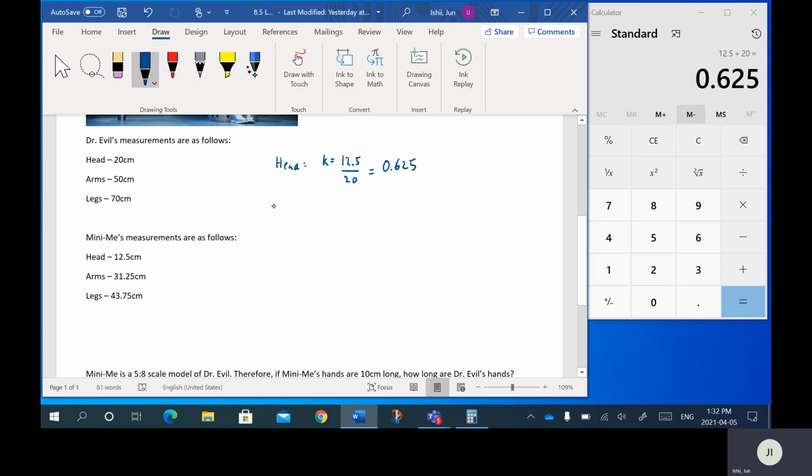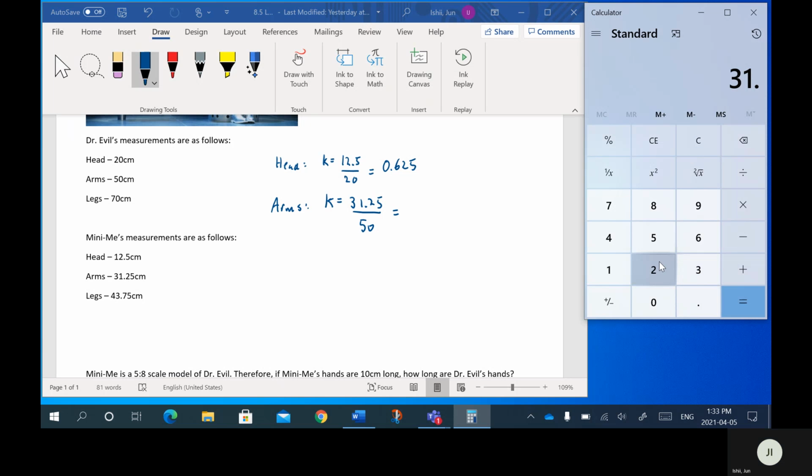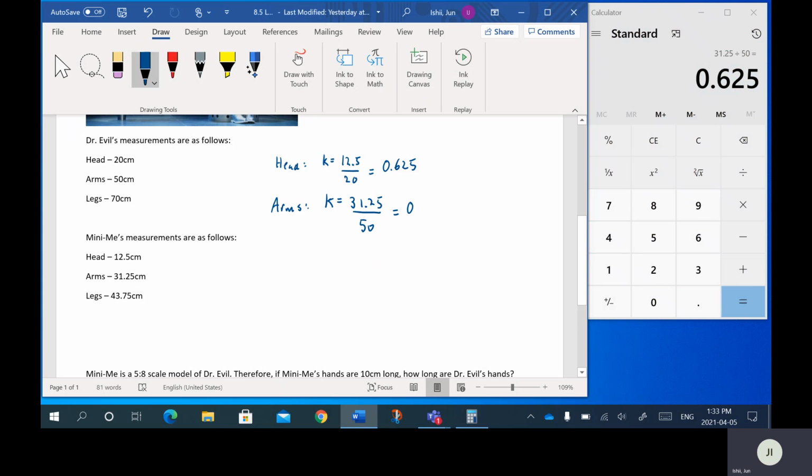We're going to do the same thing with the arms. The scale factor: I'm going to take the 31.25 and divide it by 50. And 31.25 divided by 50 gives us again 0.625.